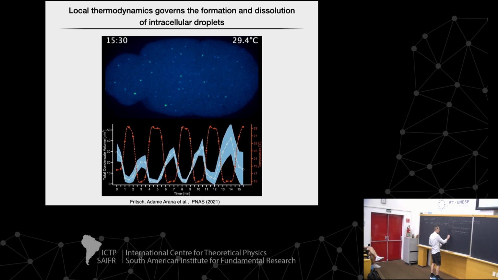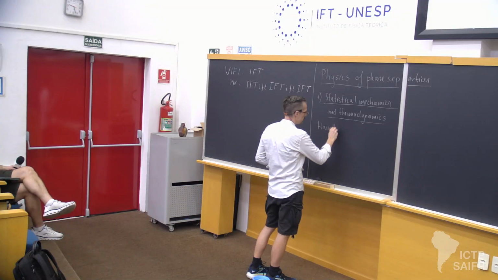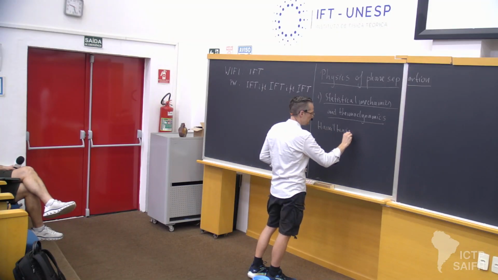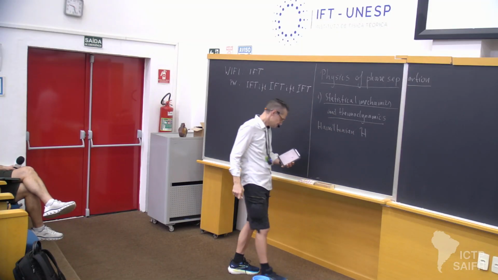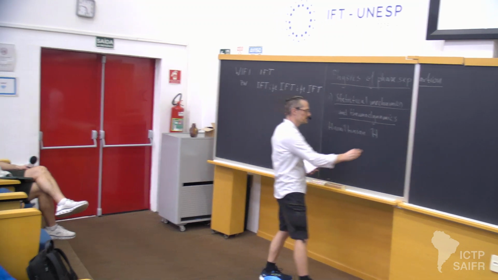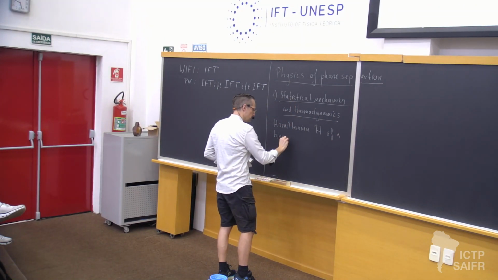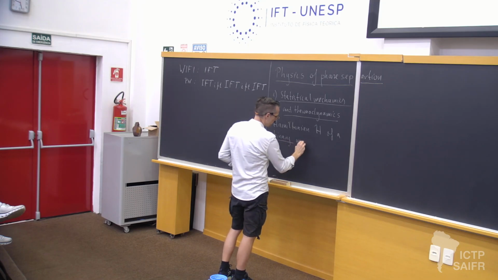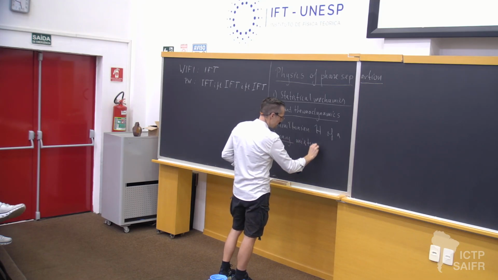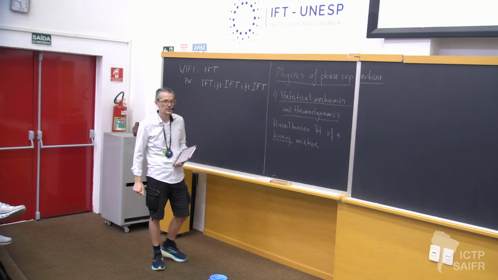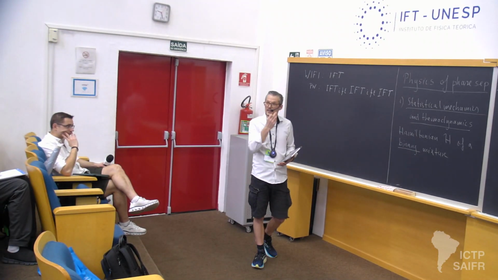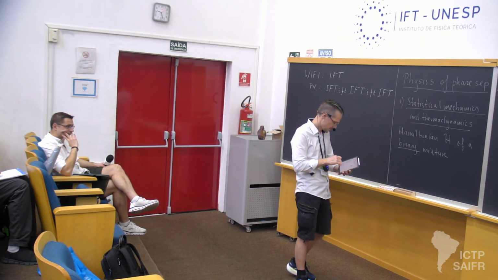So we start with a Hamiltonian H of a binary mixture. Throughout the lecture, I will generalize it later to ternary and to multi-component mixtures, because we want to describe also chemical reactions out of equilibrium.